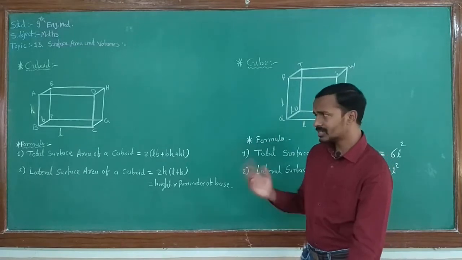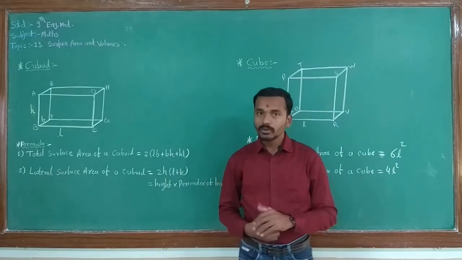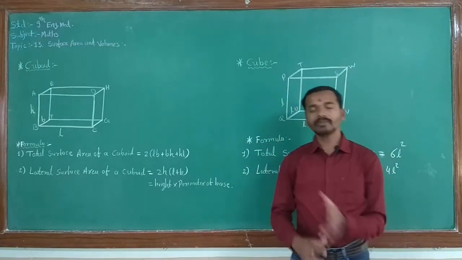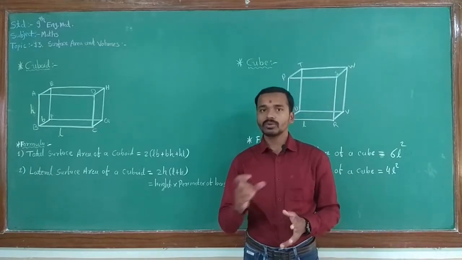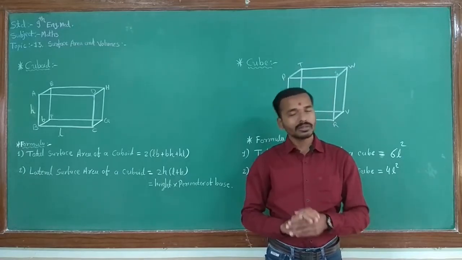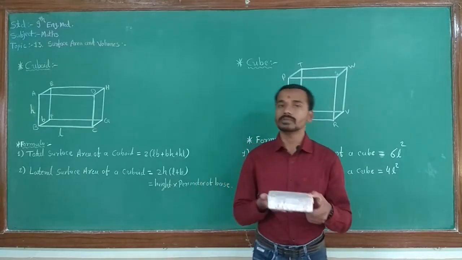Clear? Now the second formula we need to learn about this cuboid is the lateral surface area of a cuboid. Whenever the term lateral surface area comes, you have to keep in mind that we consider only 4 sides. Which are the 4 sides? Excluding the top side and the bottom side.